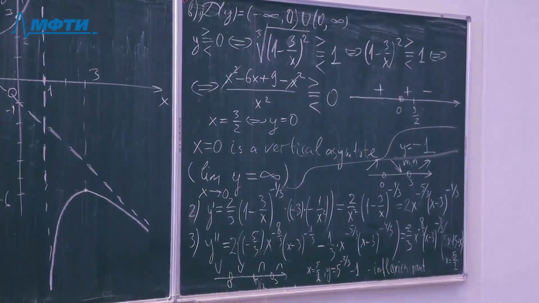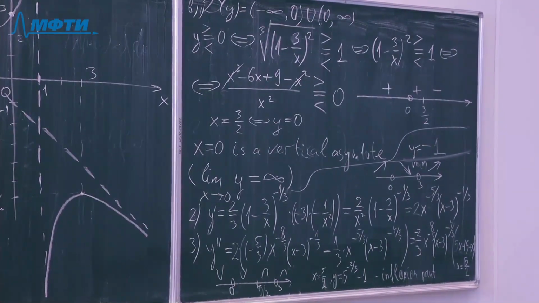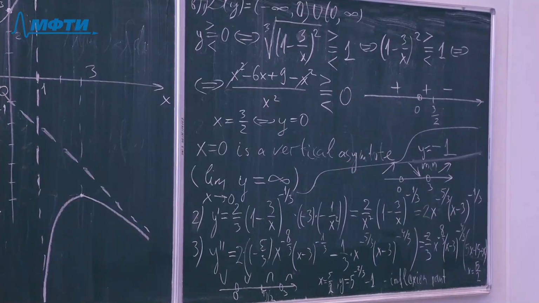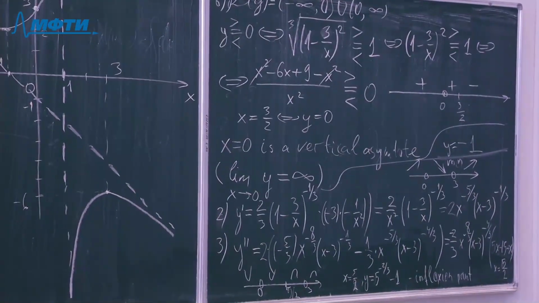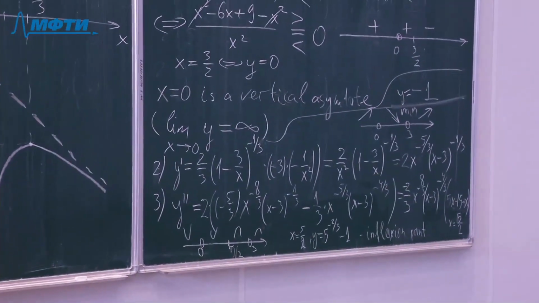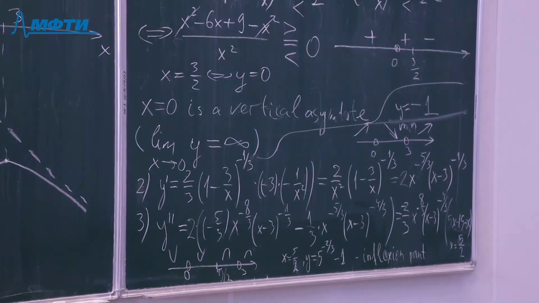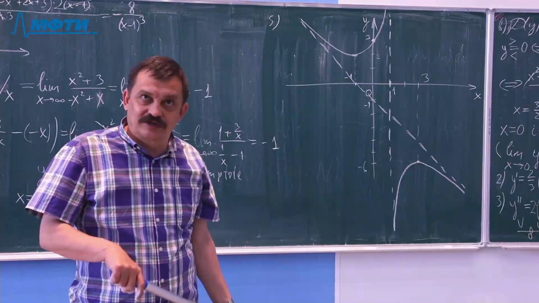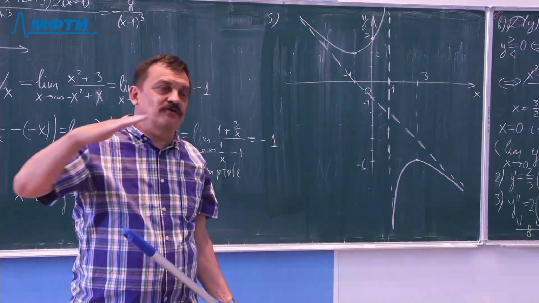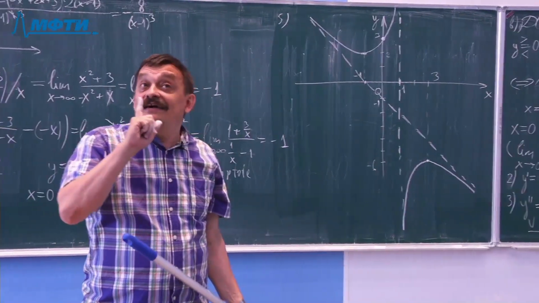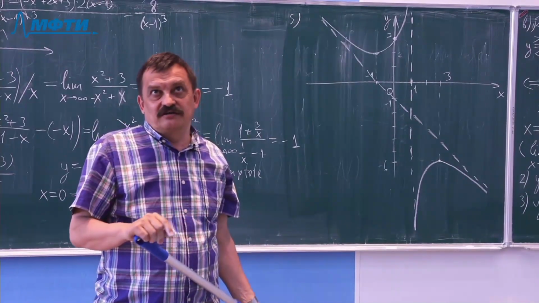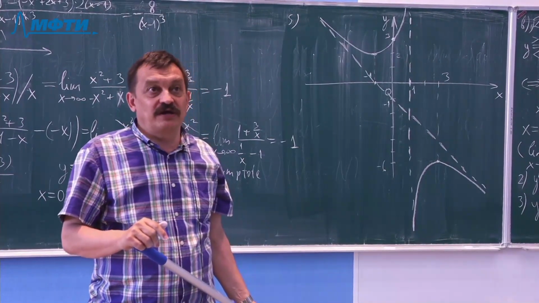Just a minute, I didn't finish B yet. But if we have an oblique asymptote, we haven't a horizontal one, right? Because it is either horizontal or oblique. There are some very rare examples when we have both.